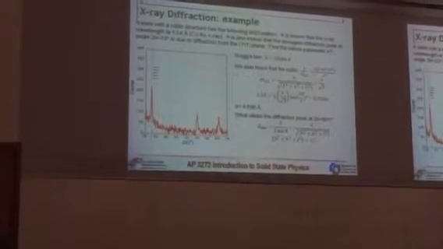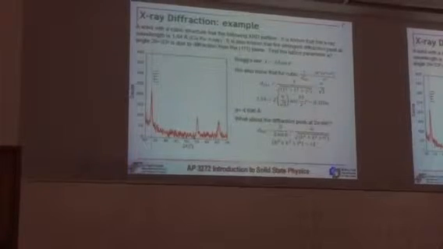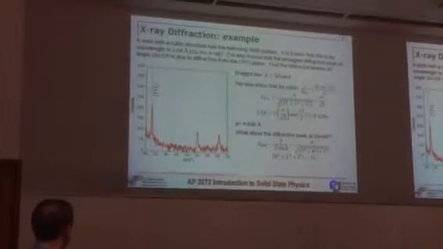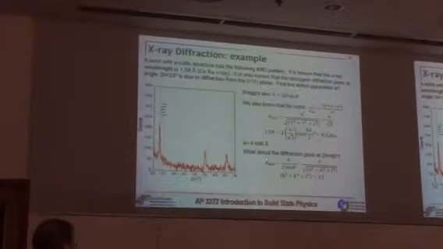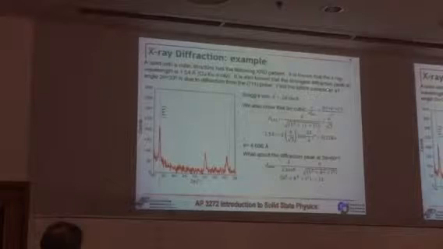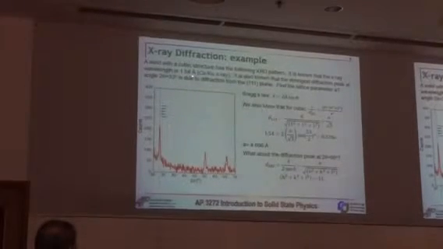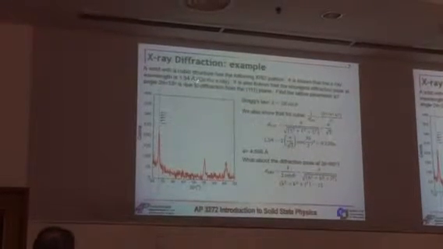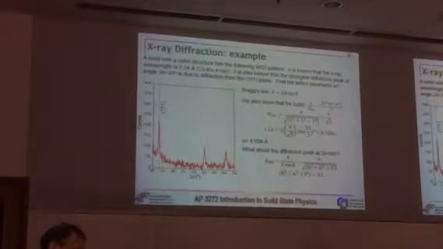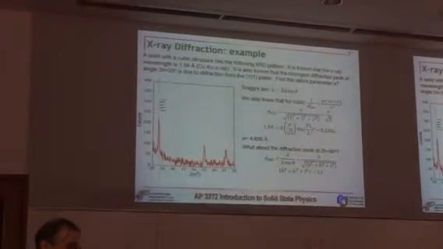For example, I give an example here of a real experiment. You have a solid thin film that underwent X-ray diffraction with a wavelength of 1.54 angstrom. This is a typical copper K alpha X-ray, which is typically used in an X-ray diffraction machine.